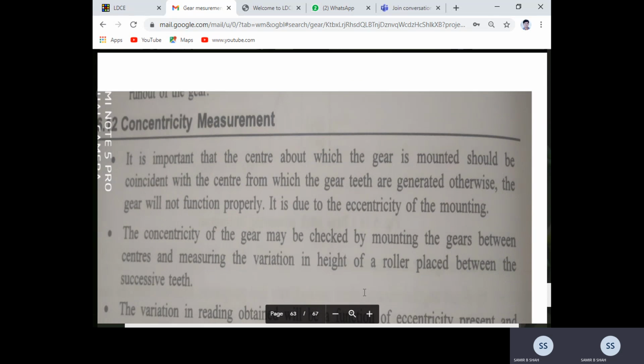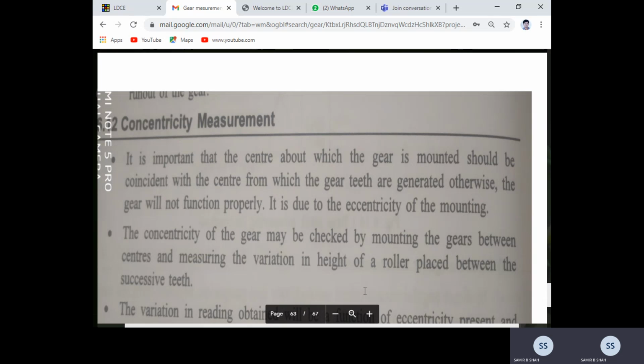Another important profile measurement is concentricity. The words runout and concentricity are somewhat close. Concentricity is important because the center about which the gear is mounted should coincide with the center from which the gear teeth are generated. Otherwise, the gear will not function properly. Why may this happen?